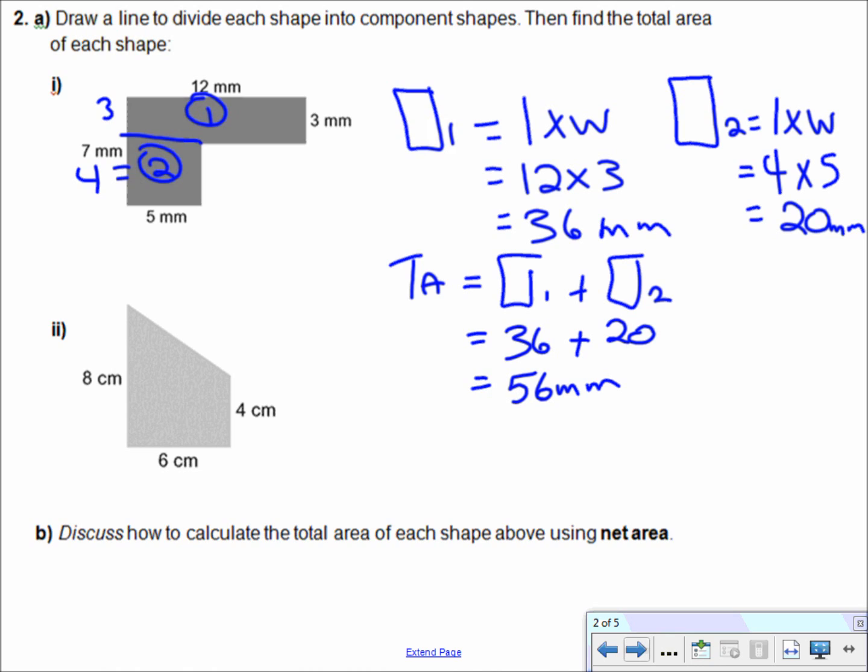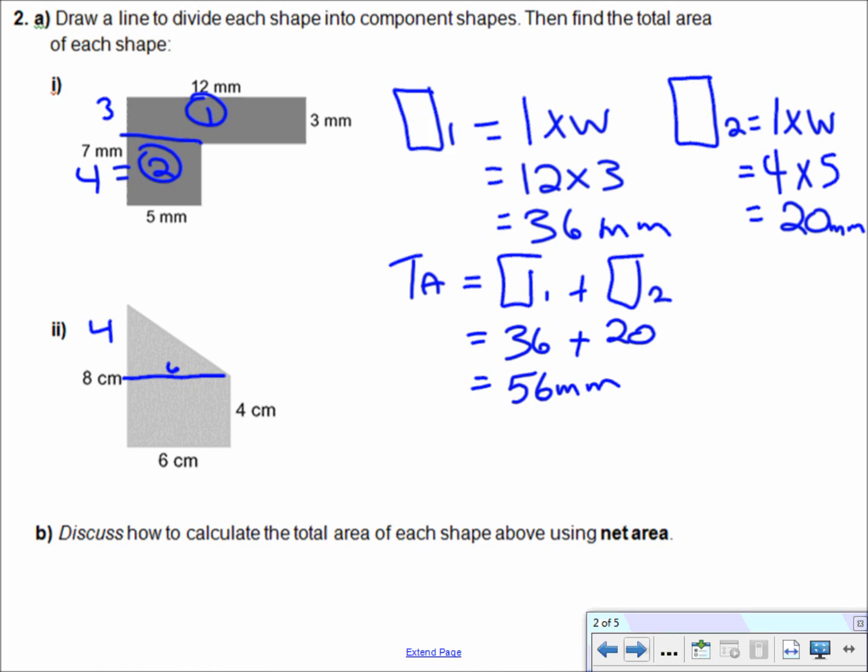Okay, next I'm going to put a line here, and I'm going to recognize that I now have a triangle and a rectangle, okay? The base of my triangle is 6, the height of my triangle is 4, because the whole thing is 8, and I know the side of that rectangle is 4, so what's left over is another 4.